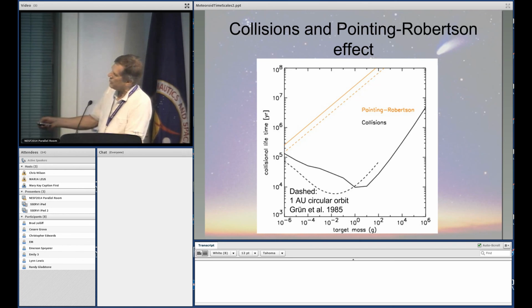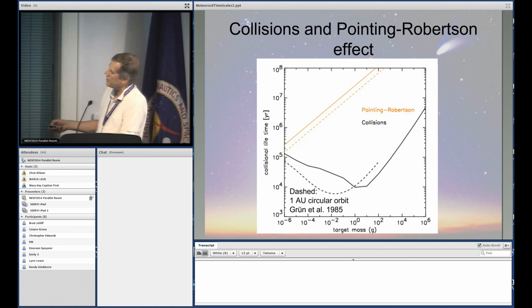So about 1 gram particles live about 10 to the 4 years with respect to collisions, after which they fragment and contribute to smaller masses. For comparison, I show the Poynting-Robertson lifetime, the red line here, and this is more or less negligible in the mass range which we are considering.